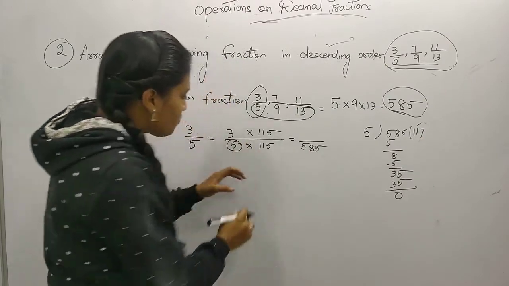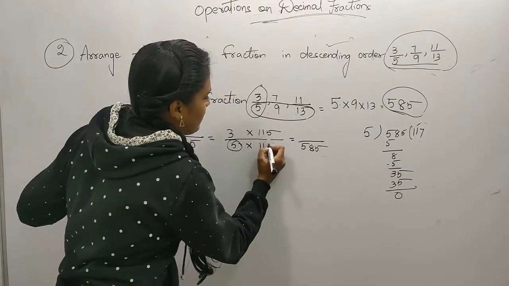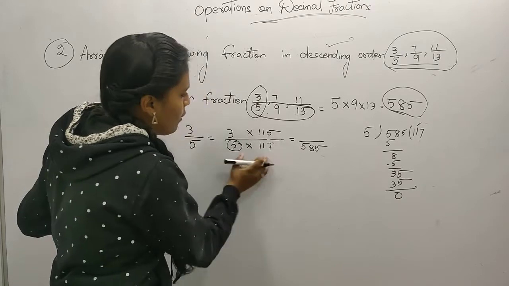See here, when you multiply 117 by 5, we will get 585.